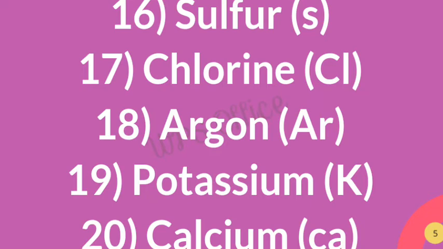So these are the first 20 elements in the periodic table arranged according to increasing atomic number.